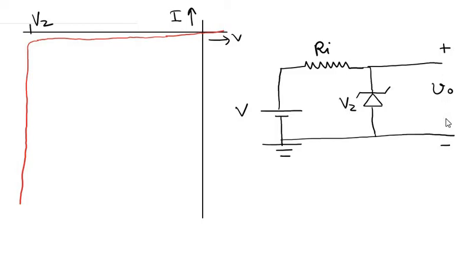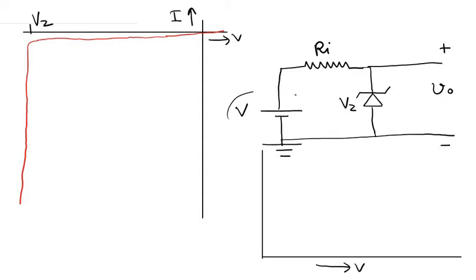Now let us draw the input-output characteristics of this circuit. Here the x-axis is V, which is the input or DC voltage, this voltage source over here, and the output voltage is V0, this voltage over here.